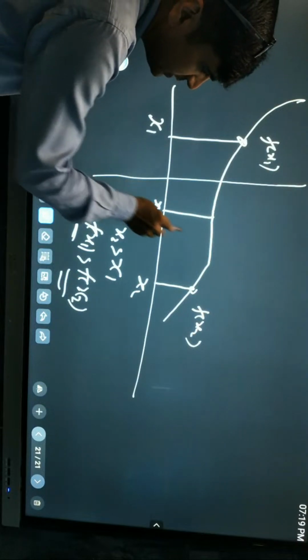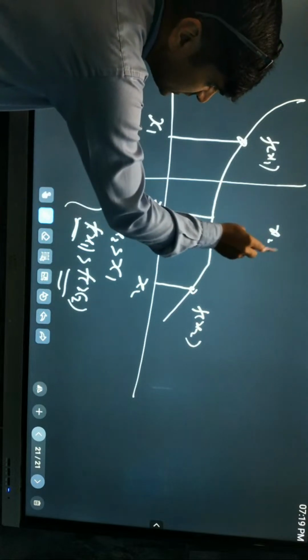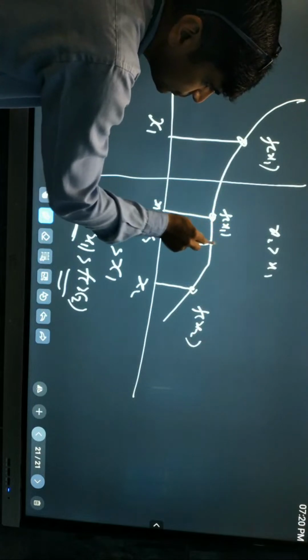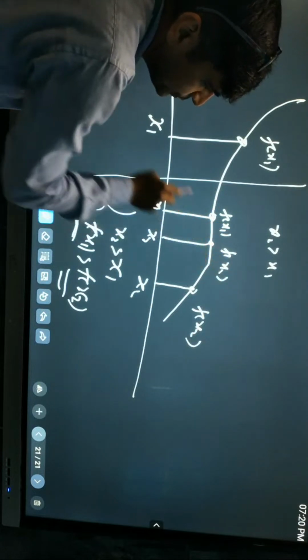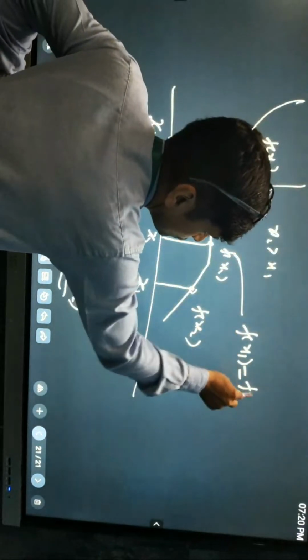This is x1, this is x2. x2 is greater than x1, but the functional values are equal, f(x1) equals f(x2).